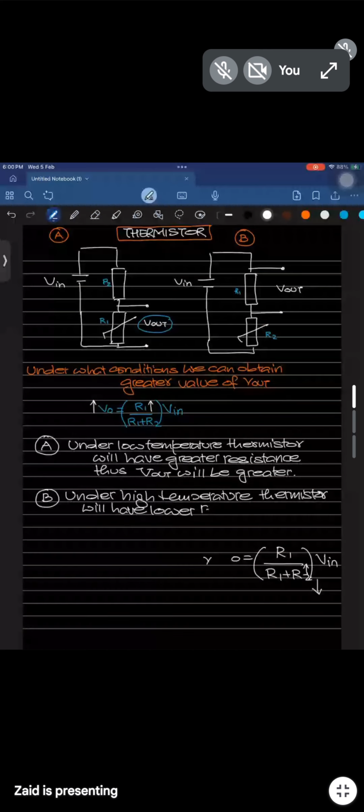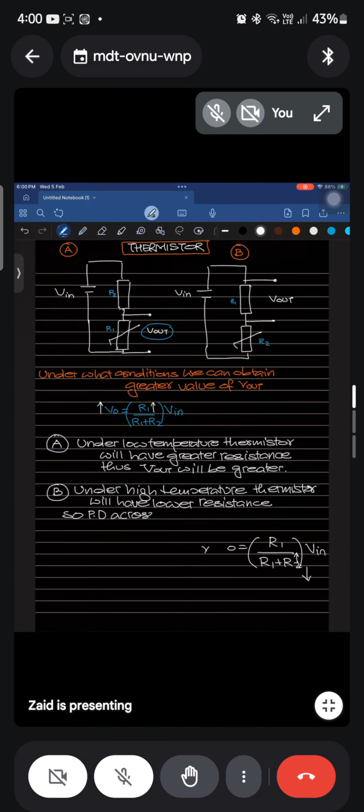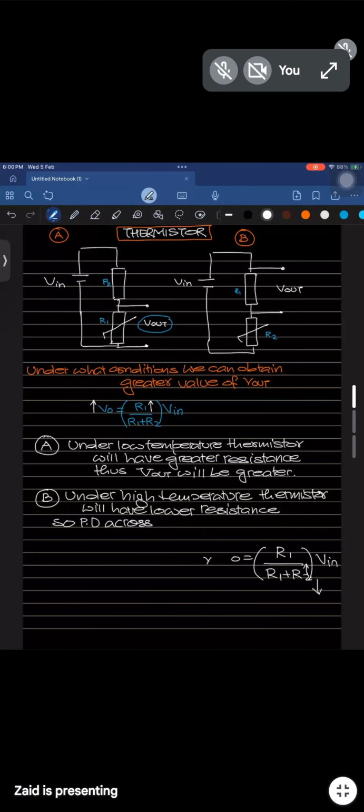So the potential difference across the thermistor will be lesser, and the potential difference across the fixed resistor will be greater. Therefore, V out will be greater.